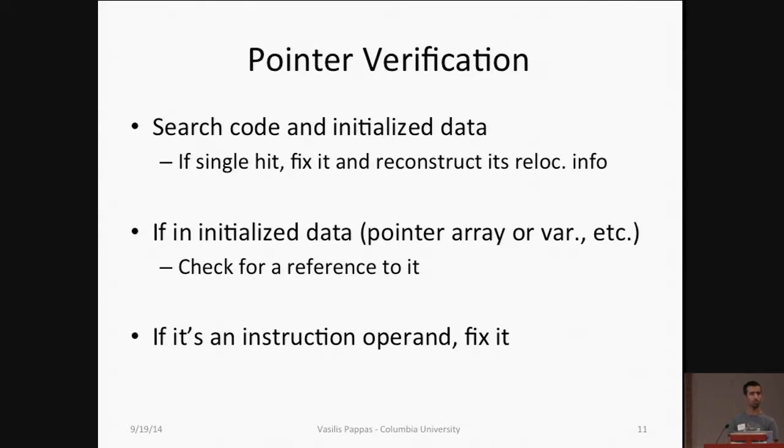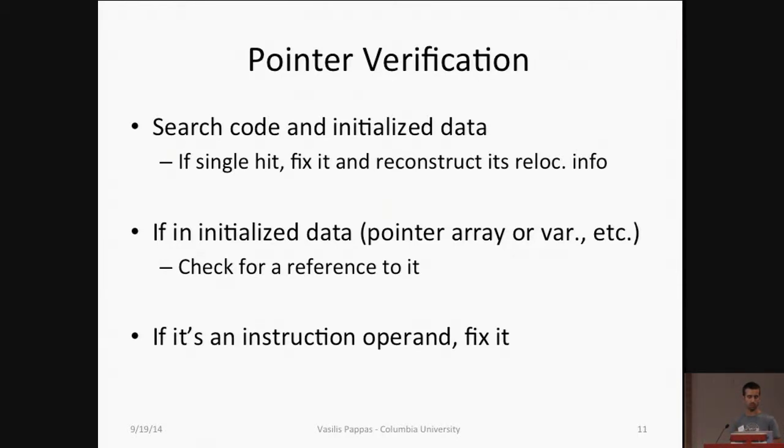In case that we have more than one result, then for every result in the initialized data that could correspond to a pointer value, which could be part of an array or a structure or anything, we will try to verify that this is the case by checking whether there is a reference to that. So for example, assuming that we have a statically initialized variable with a function pointer, we would need to have a reference from somewhere in the code to that variable in order to verify that this is the case.